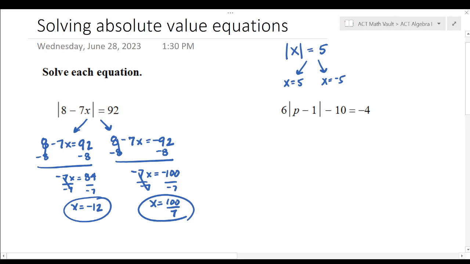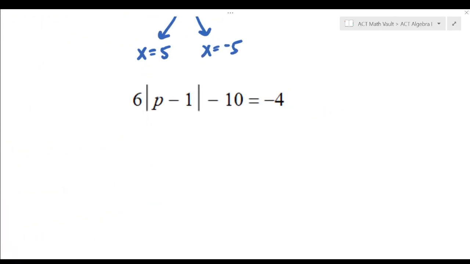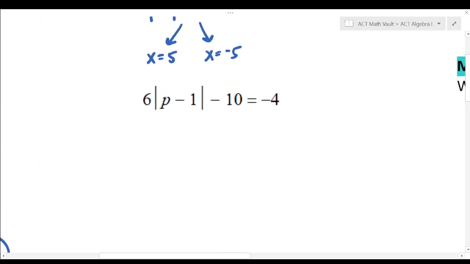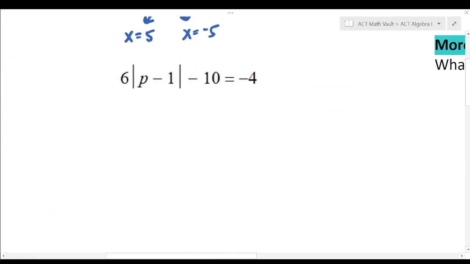Okay, so then the second problem here is a little bit more complicated. What a lot of students think in this case is that maybe we could apply the rules of multiplication, as if there were parentheses around the p-1.